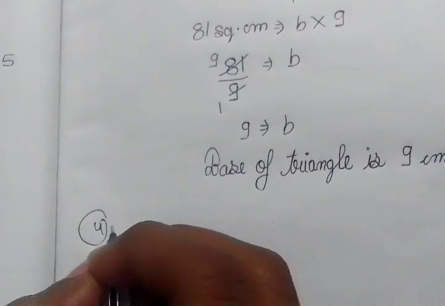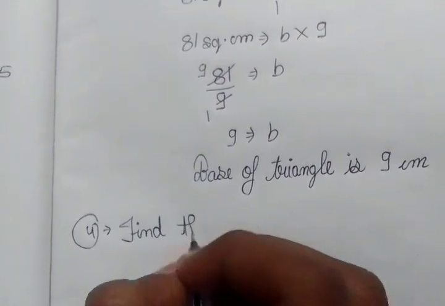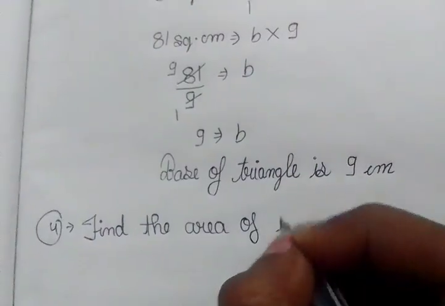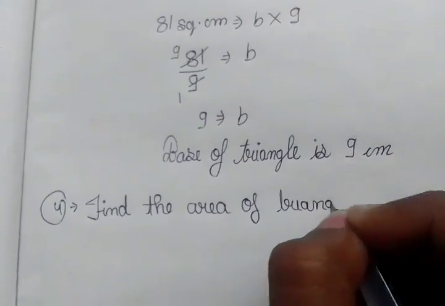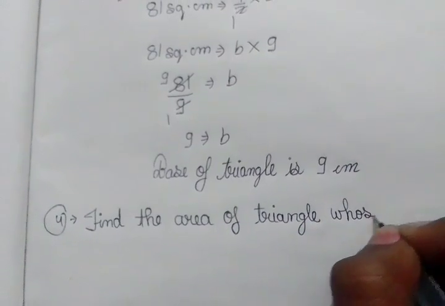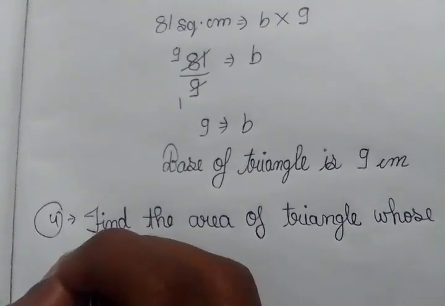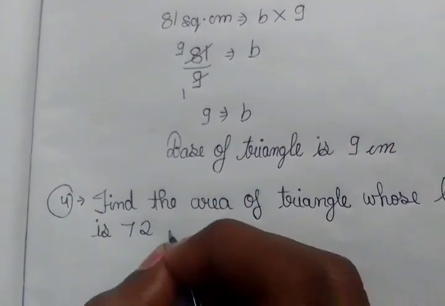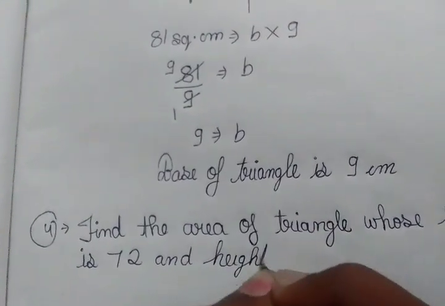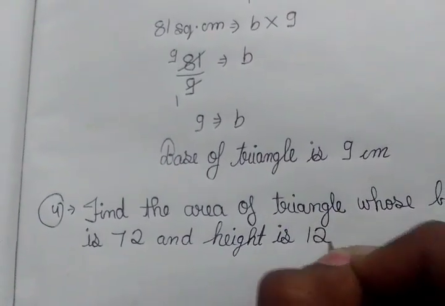So let's solve one more question to find out the area of the triangle. So the fourth question is, find the area of triangle whose base is 72 and height is 12.